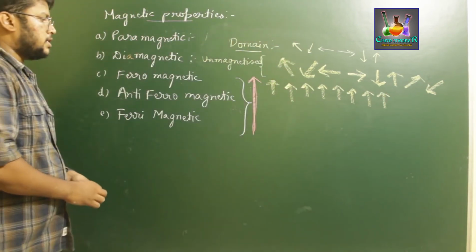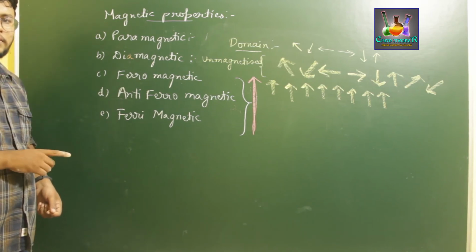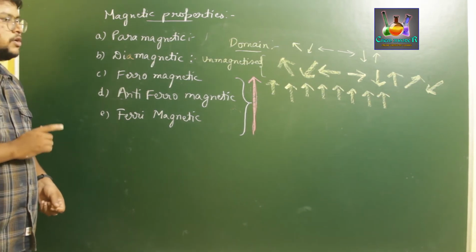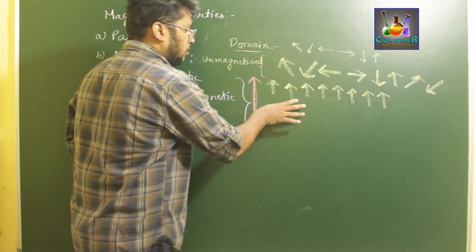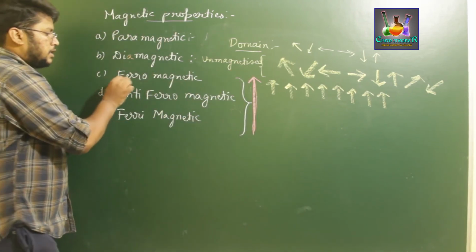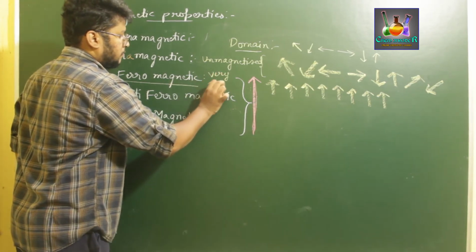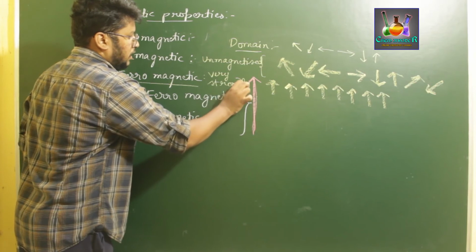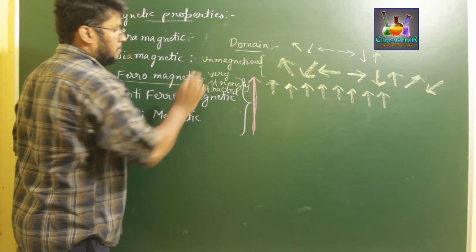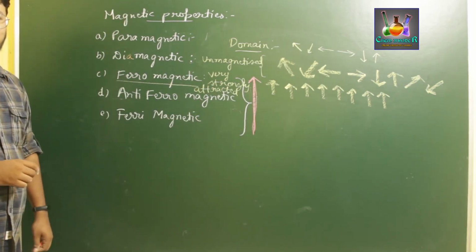So we can clearly say that ferromagnetic substances have all their domains arranged parallel to the applied magnetic field's direction. Therefore, since there is a greater number of electrons parallel to the direction of the applied magnetic field, ferromagnetic substances are said to be very strongly attracted by the magnetic field. So ferromagnetic substances are strongly attracted by magnetic field.